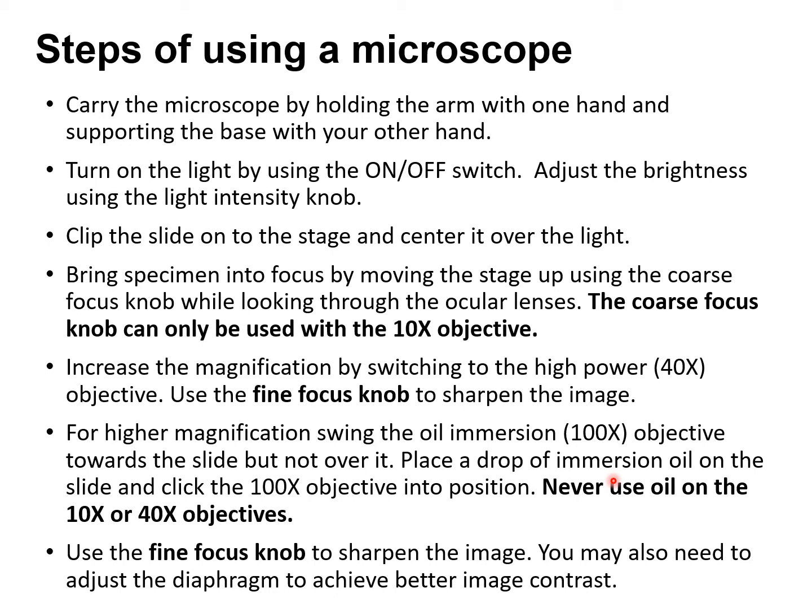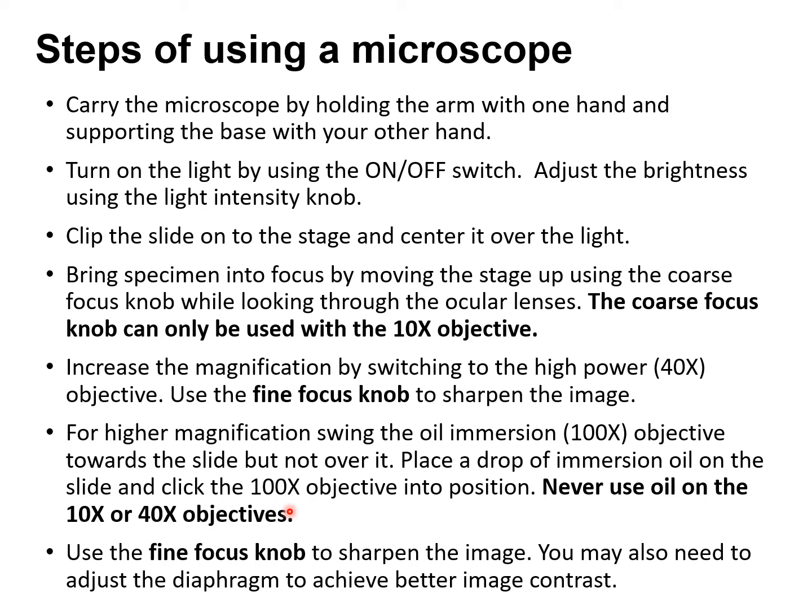You put a drop of oil onto your slide, and then you rotate your 100x objective into position. It's going to touch the oil, which is absolutely fine. The oil can touch the 100x objective, but never let the oil touch any of your other lenses. If oil touches any other objective lens, it is going to damage it.